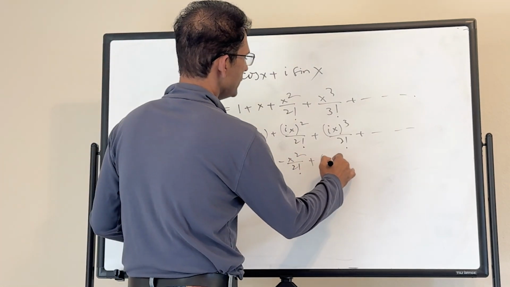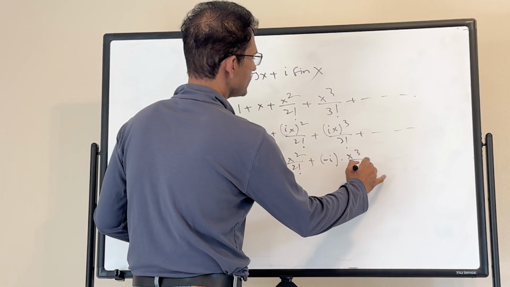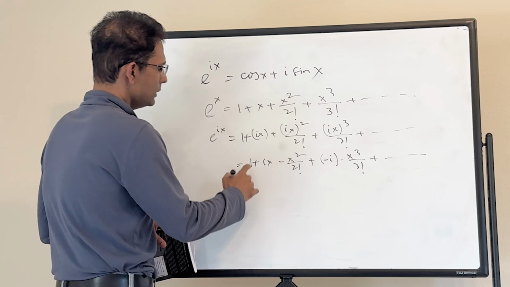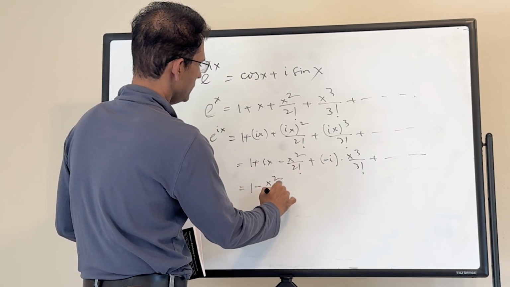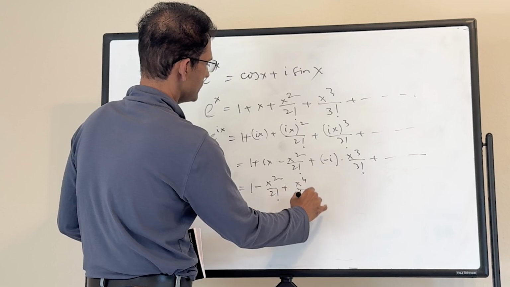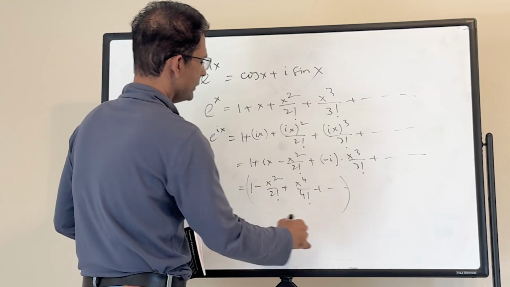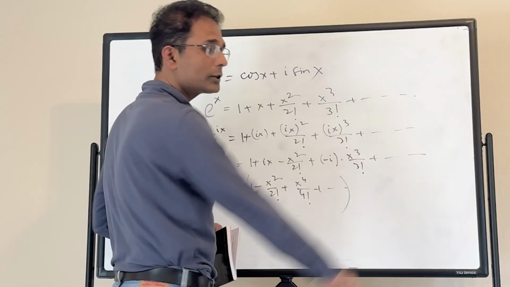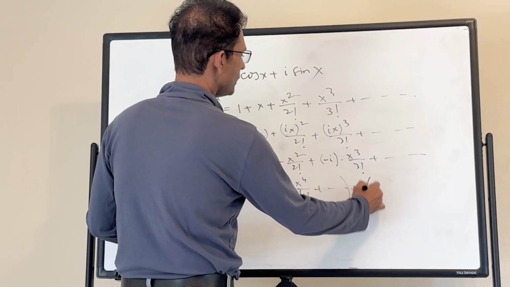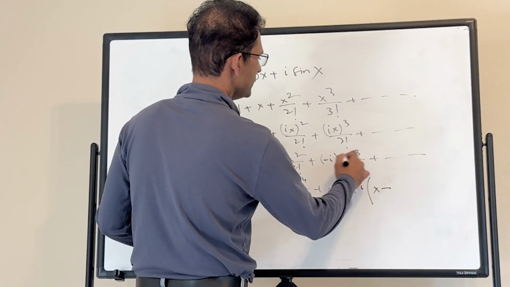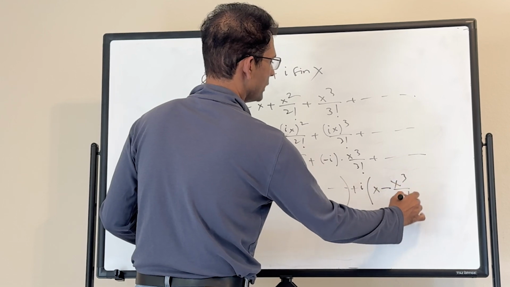So this is minus i x cubed over factorial 3, and so on, okay? So what I'm going to do is collect the real terms, and that will give me this. Okay, I didn't show this, and this term is there somewhere. I didn't write that down, okay? And then the imaginary part would be i times x minus x cubed over factorial 3.